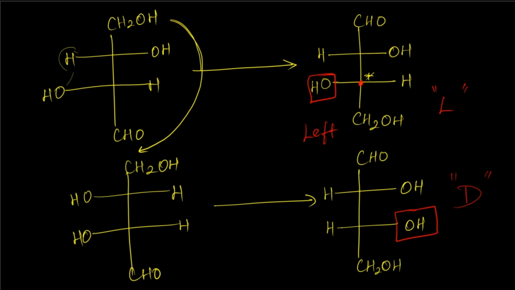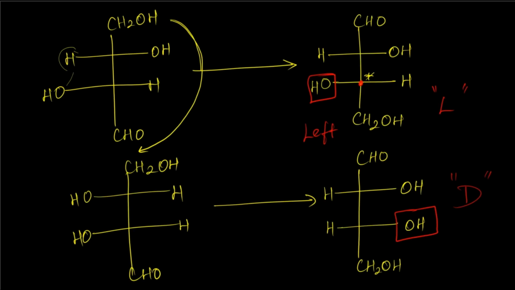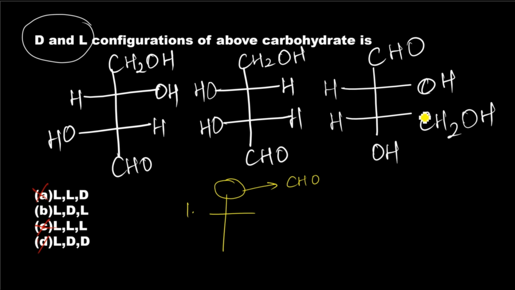Okay, so let's move on to the third one, where I'm having CHO on the top, so no problem with that. Let me do that here. But you can see the OH group is not at the bottom.